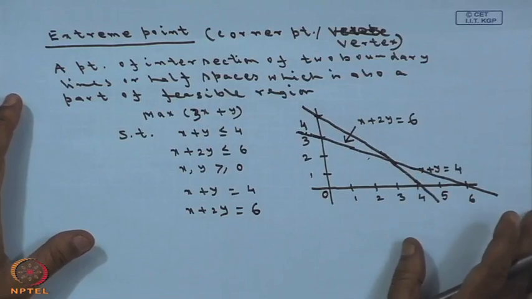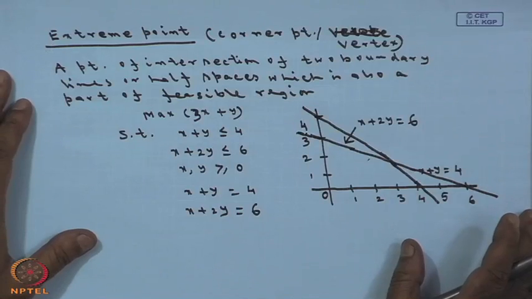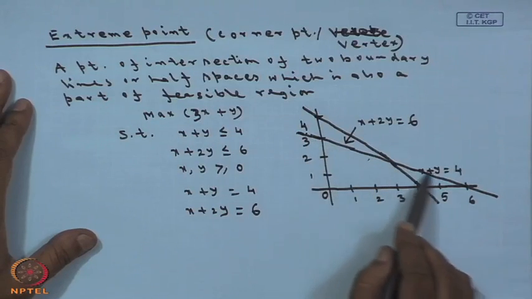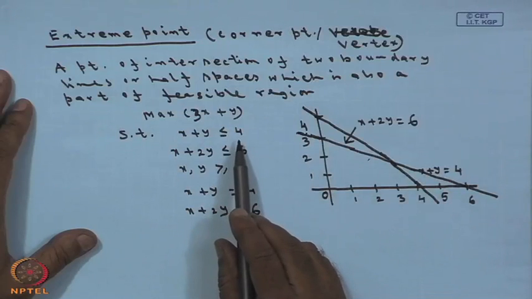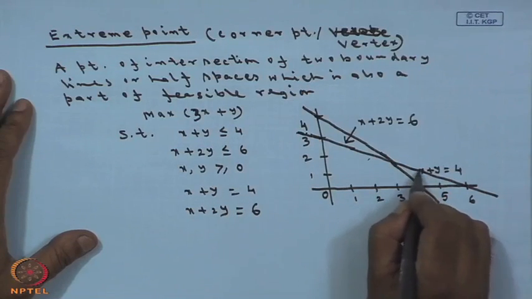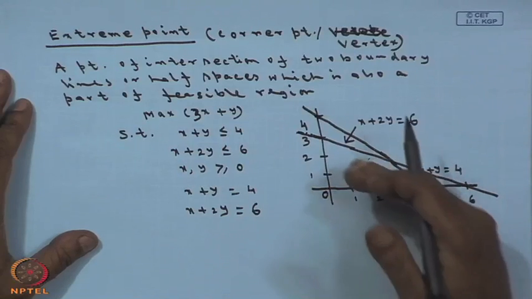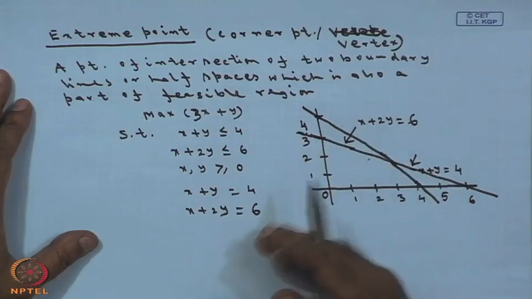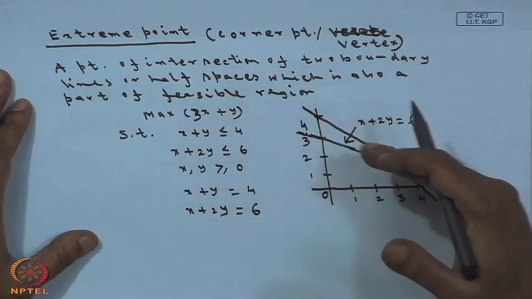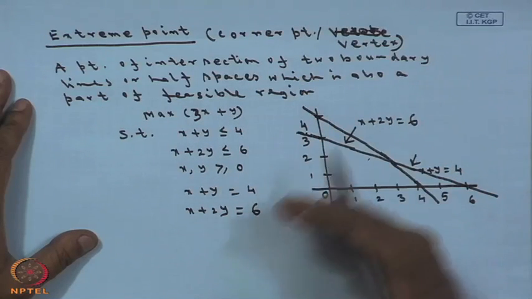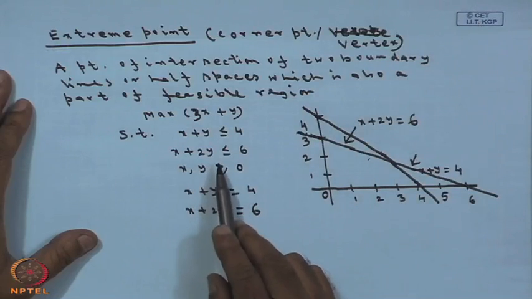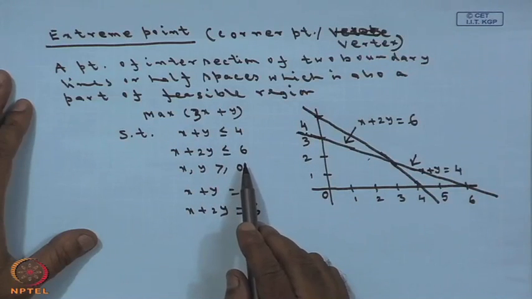Now, you see what will be the feasible region from here. Let us explain this one. You have a line x plus y less than or equal to 4. That means the direction of this line x plus y equals 4 will be this one, that is, it will come below this side. Since it is less than or equal, it will go on the left side of the line, otherwise it will go on the right side. The next one is x plus 2y less than or equal to 6.